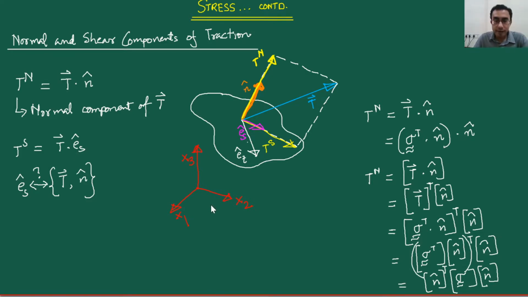No matter what axis you may choose, no matter what scalar components they may be represented by, the physical truth that the traction vector is parallel to the unit outward normal to the plane is not going to change. This is an invariant truth of nature.